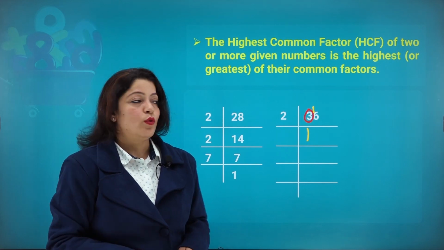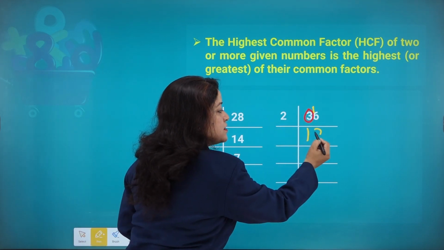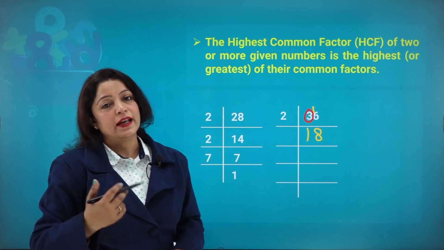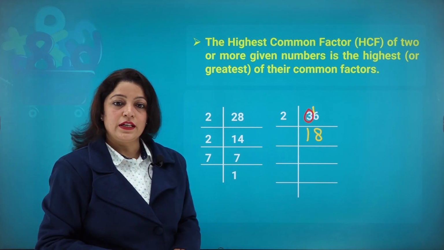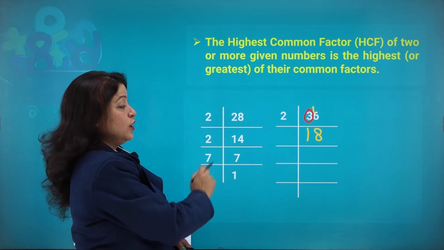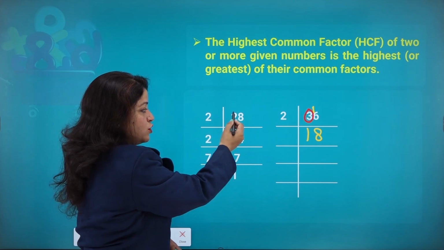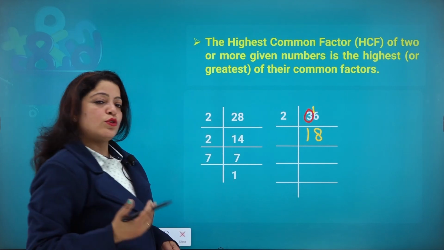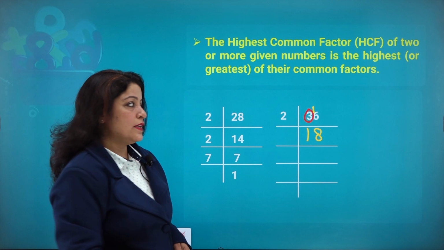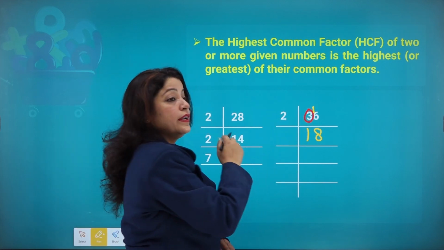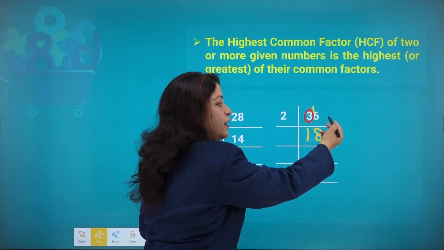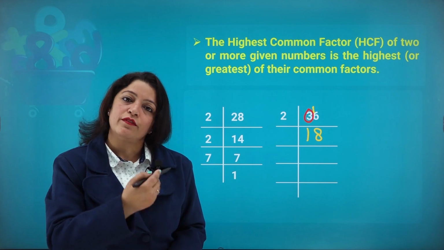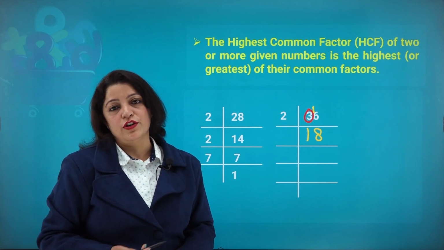Now 2 eights are 16. In the previous question, you could easily see 2 ones are 2 and 2 fours are 8, so you can easily write it. But in this case, if it is not coming in the table directly, then we can keep a carry over to the next digit and proceed as we do a normal division.